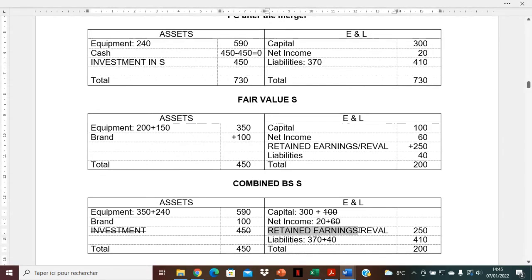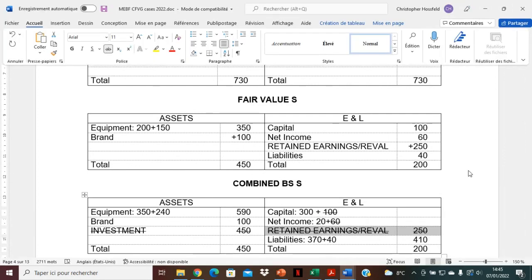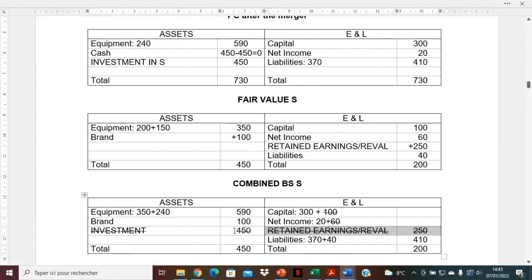And I will also delete the revaluation reserve because once again, this is equity paid for by the parent company and therefore it's internal. So I delete 450 here and I delete 250 and 160 here. So 410 on the right side. So it's not balanced. Why not? Well, because goodwill is missing. So I will incorporate now goodwill of plus 40. It means here in the end, I have canceled 410 on the asset side. I have canceled over the three lines here 410 on the equity and liability side, and we are done.